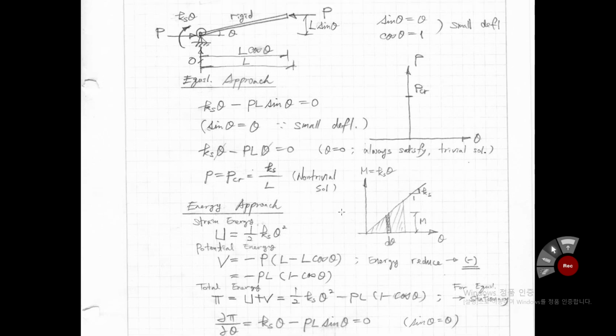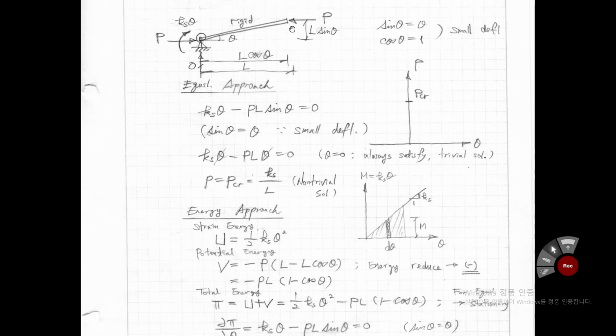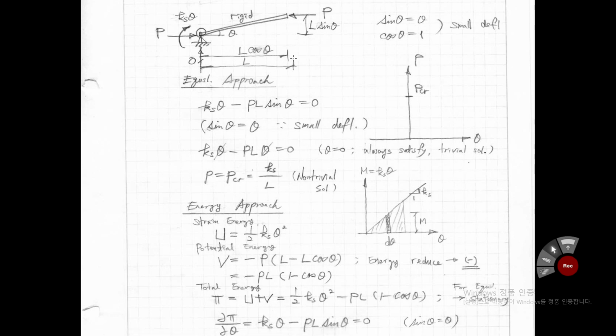Another energy is potential energy. As you see here, the original location of P is at L position. As this bar rotates like that, this P moves to the left-hand side. How much? This much, this distance from here to here. So the potential energy equals P times the movement.